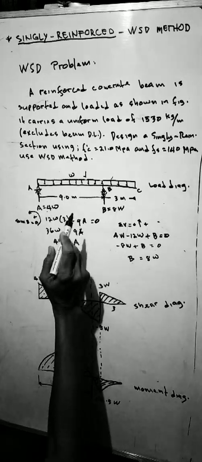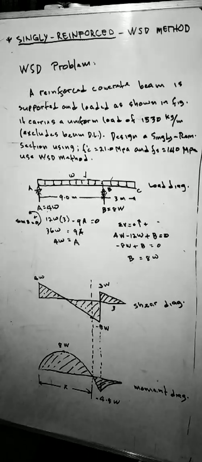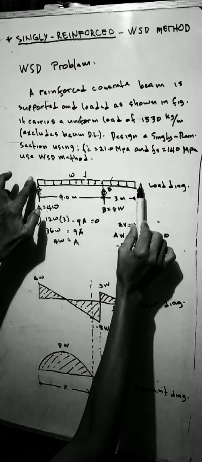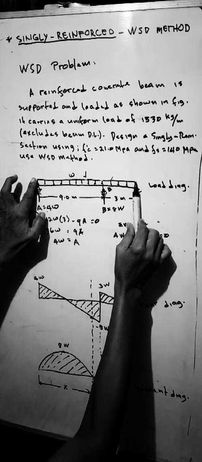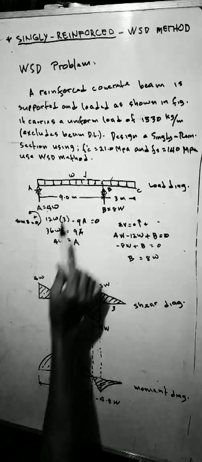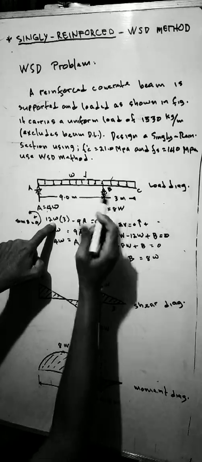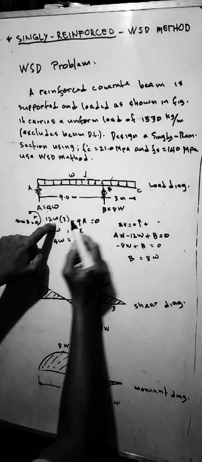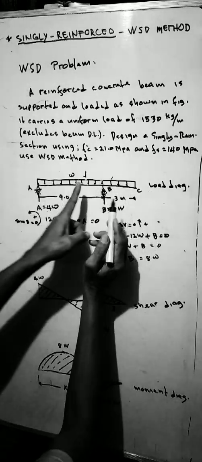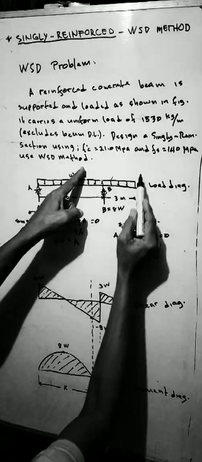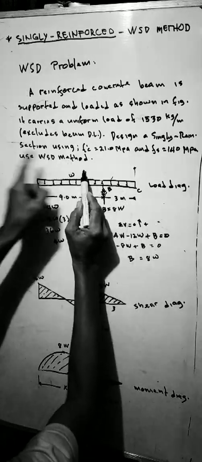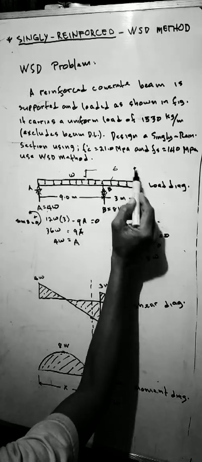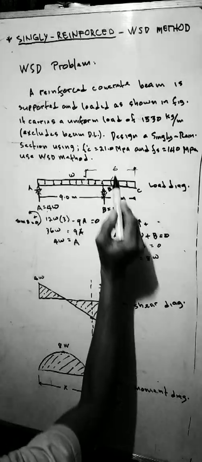To convert this into a concentrated load, we have to multiply the W with the length of the span: 12 times W, this is concentrated, times the lever arm here. This distance is 6 meters.